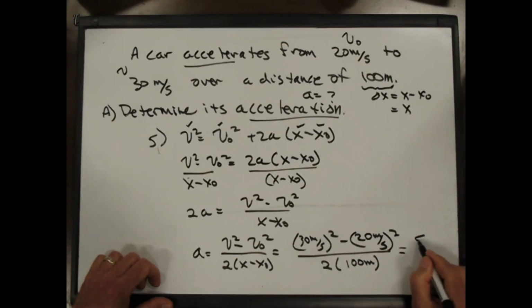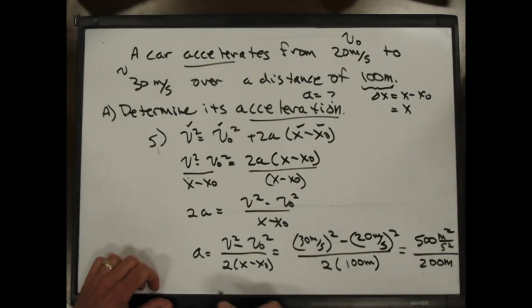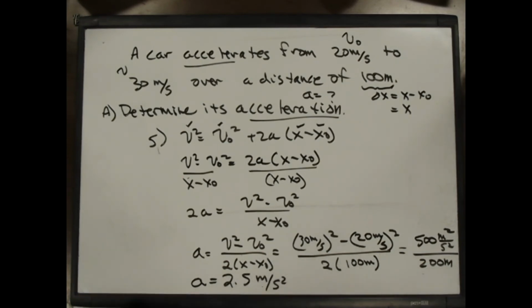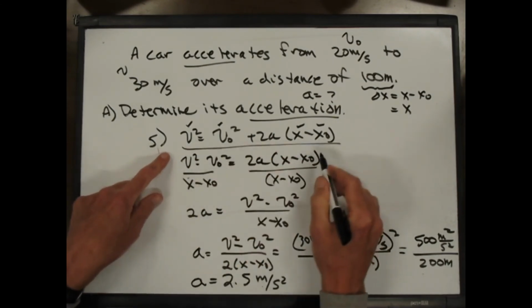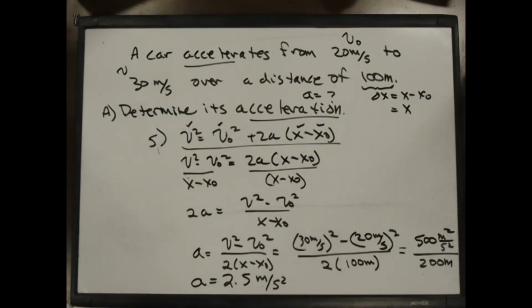So this is 500 meters squared over seconds squared, divided by 200 meters. And so that gives me an acceleration of 2.5 meters per second squared. If we didn't have this handy equation here, we would have had to do multiple steps. That allowed us to do that.